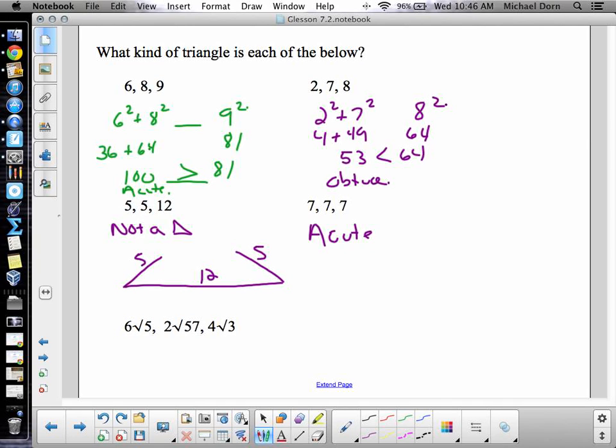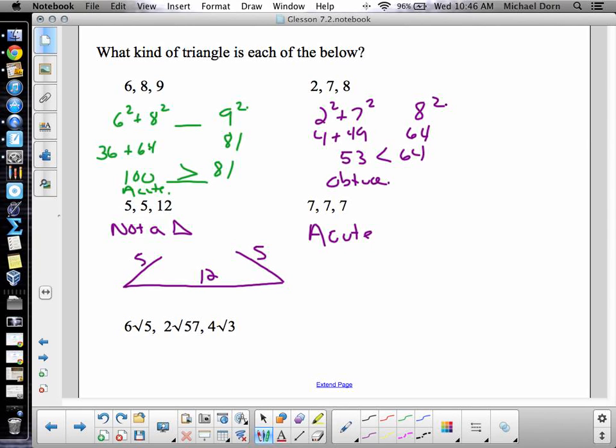Here's a tricky one. 6 root 5, 2 root 57, and 4 root 3. Oh dear. First thing I've got to figure out is which one is the longest side. I don't even know which one is the longest side here. So let's figure that out.